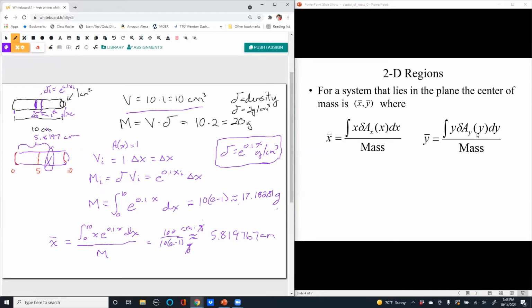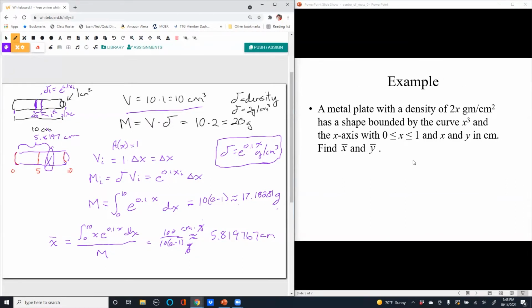You know, we did area between curves in terms of x. We've done area between curves in terms of y. So that's basically all that this a sub y of y is meaning. We throw in an extra y, no problem. The only concern we might have is if delta isn't in terms of y. So here's where this could be an issue. Let's say we have a metal plate with a density of 2x grams per centimeter squared, excuse me.